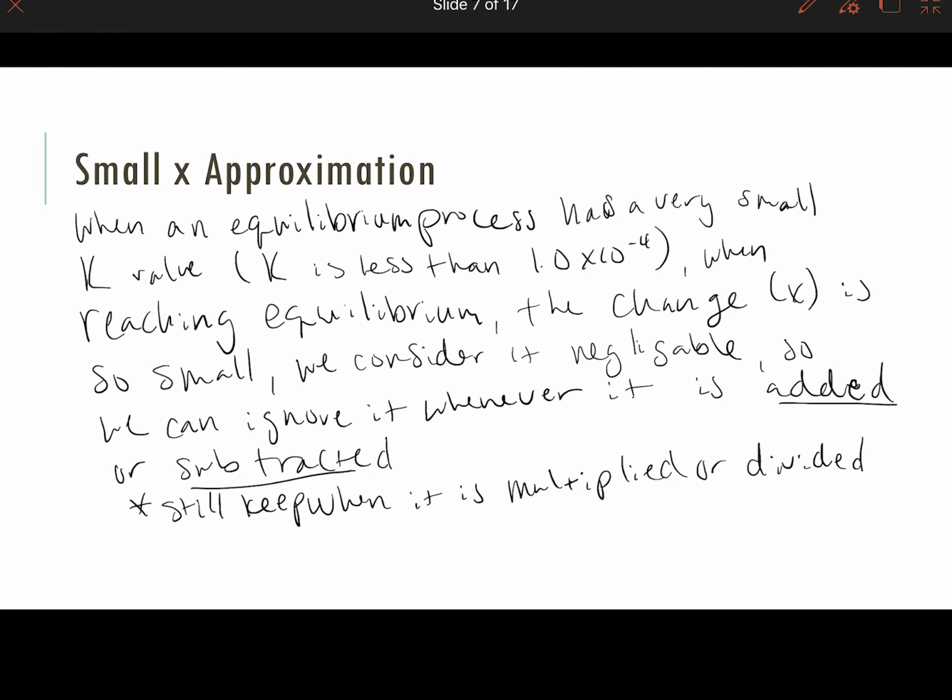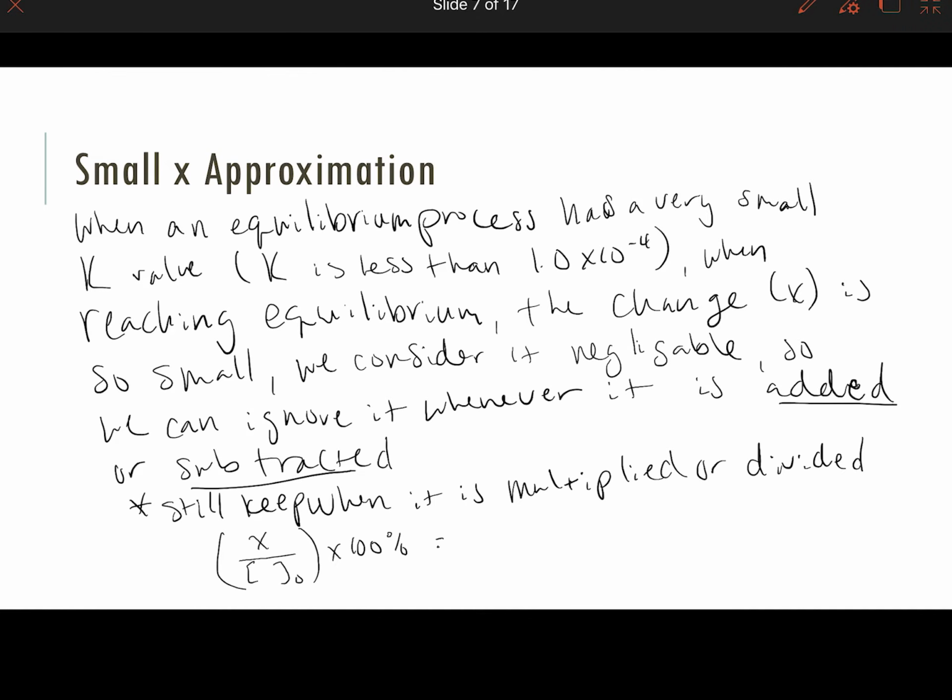And the idea is if you subtract a small number from a large number, or add a small number to a large number, it's not going to make much of a difference. But if you multiply or divide by a small number, it's going to make a significant difference. So what you're usually going to be looking at is you're going to take your x value, divide it by your initial concentration of whatever your substance is, and multiply that by 100%.